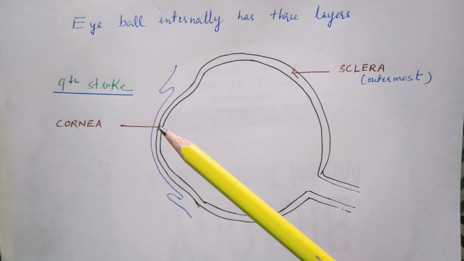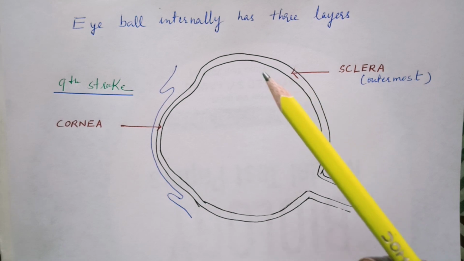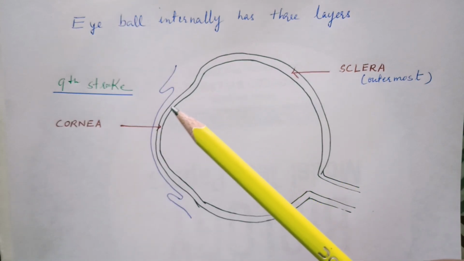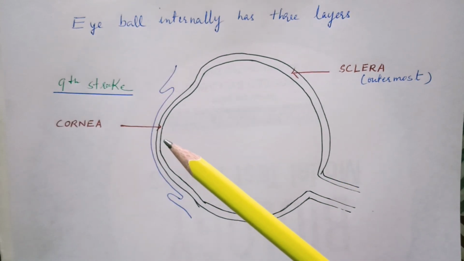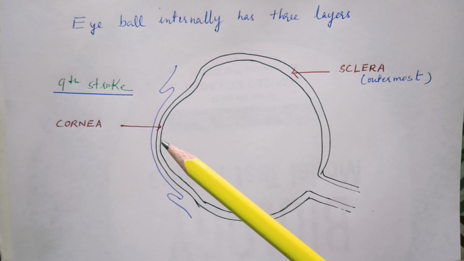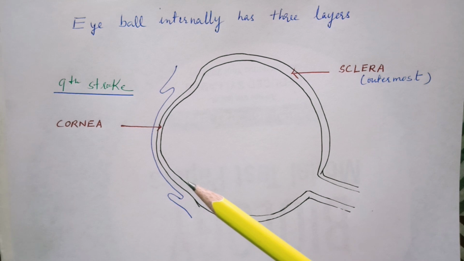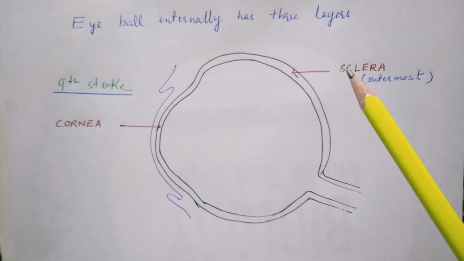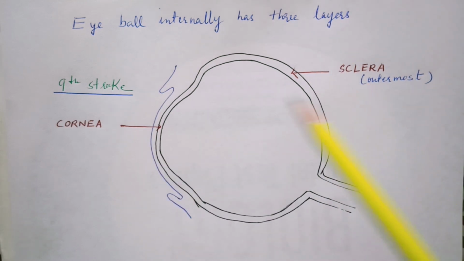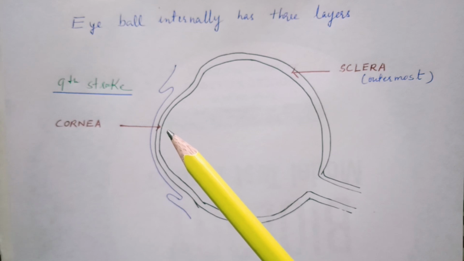Cornea is nothing but the extension of the sclera in this bulged part, but here it has become transparent. From this part to this part, which is transparent in nature, the sclera is known as the cornea.